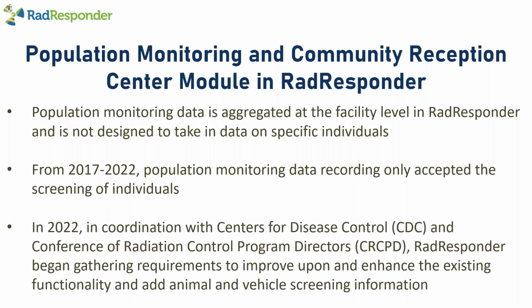Then in 2022, in coordination with the Centers for Disease Control and the Conference of Radiation Control Program Directors, RadResponder began gathering requirements to improve upon and enhance the existing functionality. And with their feedback and responses, we added the animal and vehicle screening information along with other methods of flexibility, so you can really customize your CRC and your population screening records.